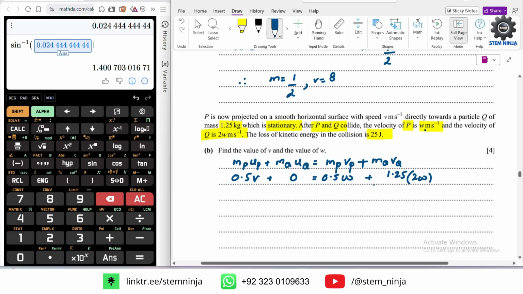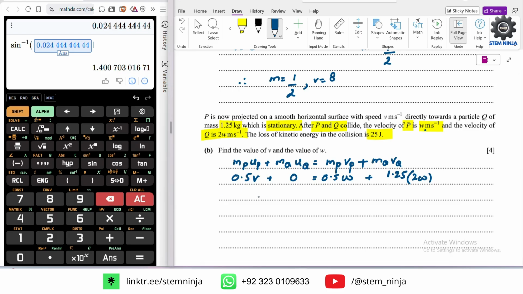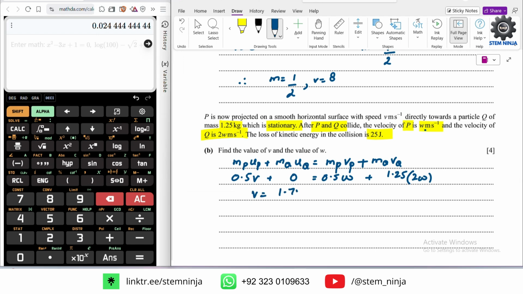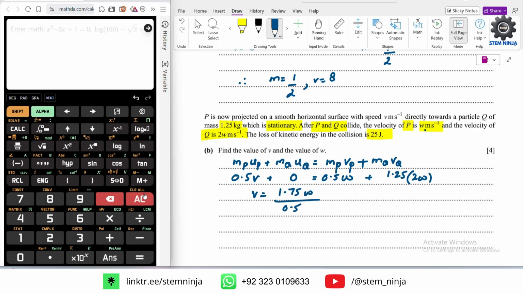So plus, okay, I think we can make it into an equation in one of the variables. So this would become 1.75, so V would be 1.75 W over 0.5. So 1.75 divided by 0.5, that is 3.5.